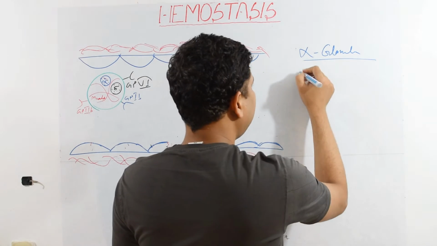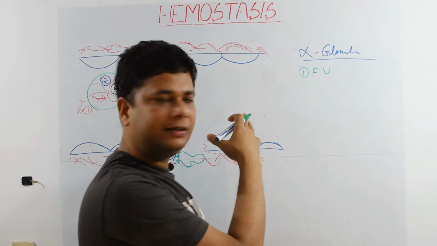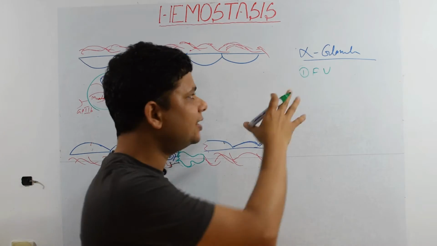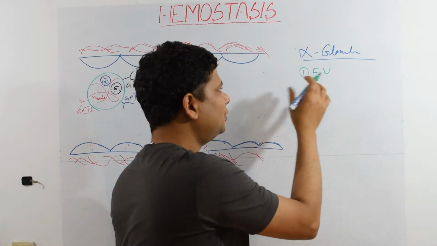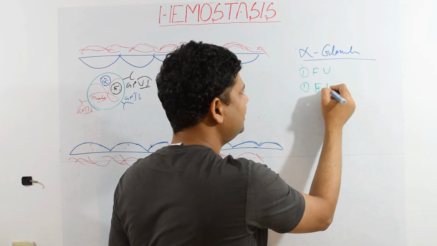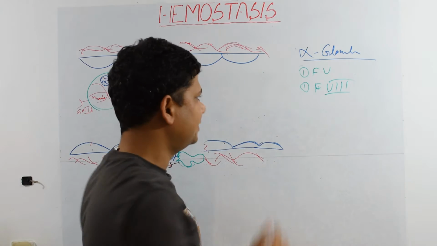Alpha granules contain factor 5. Like I said earlier, all the factors important for clotting are secreted from liver. Apart from that, some factor 5 and factor 8 are also present in platelets.